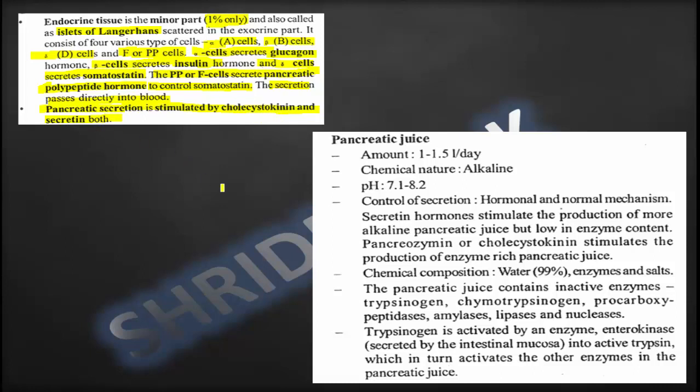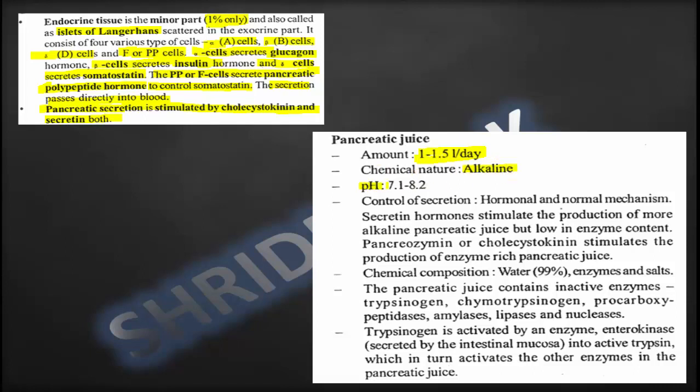Then the last bit of today's video is about pancreatic juice and its composition. What is the amount secreted every day? It is 1 to 1.5 liters per day. Chemical nature, it is alkaline.